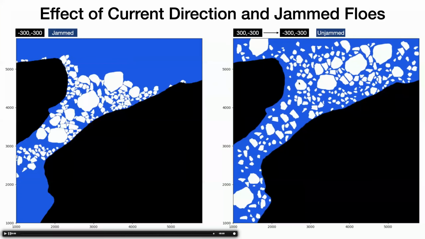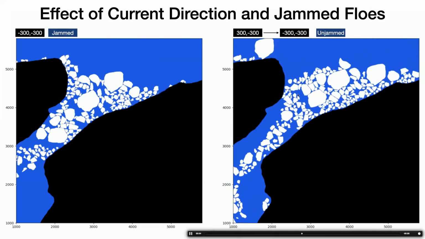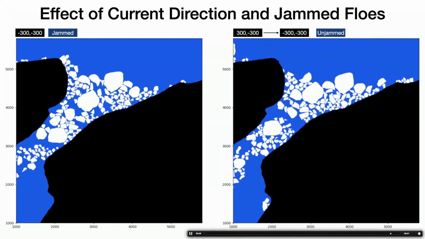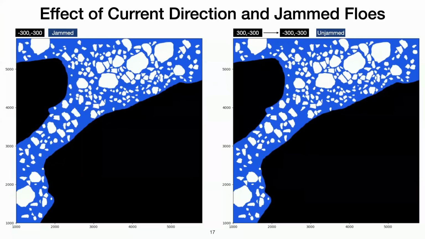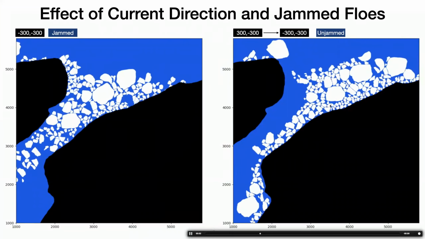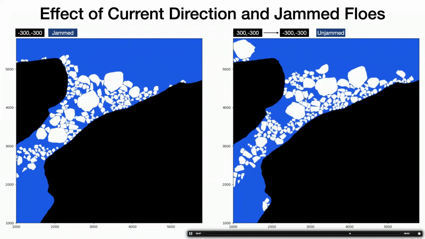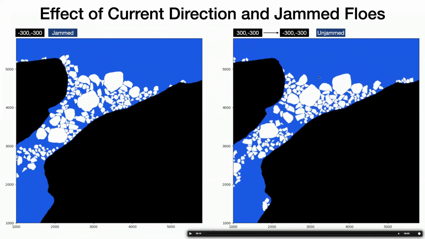But if you introduce variations in the currents over time, you may get some temporary jams or arcs, but these arcs will break over time if the sea ice is given the possibility to change positions rather than having a stable granular contact configuration. That is very important, because if we have changes in currents over space and time, then the formation of these arcs can also change.